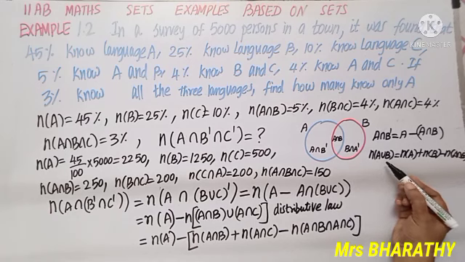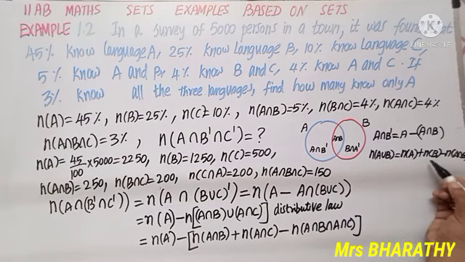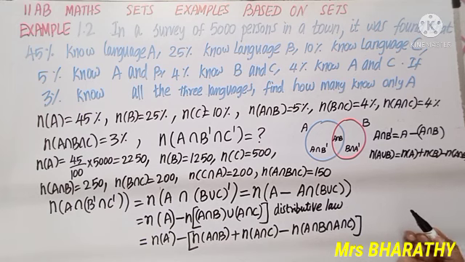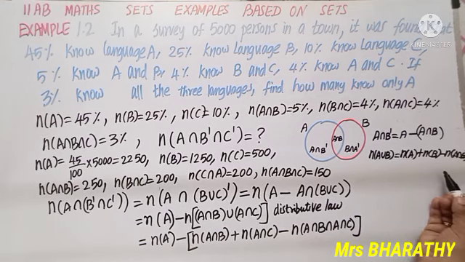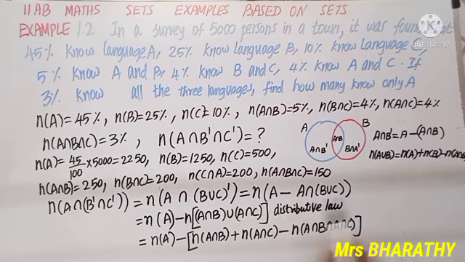In this problem, A is A intersection B, B is A intersection C. So N of A intersection B, N of A intersection C minus N of the common portion, A intersection B intersection A intersection C.